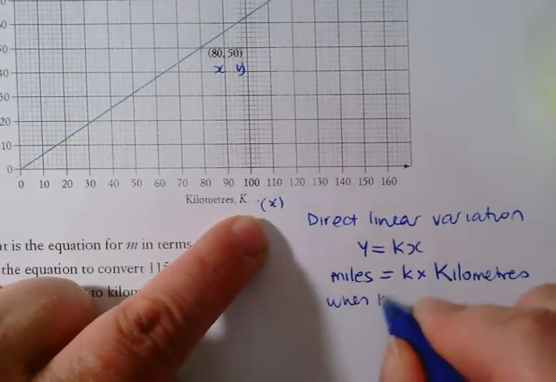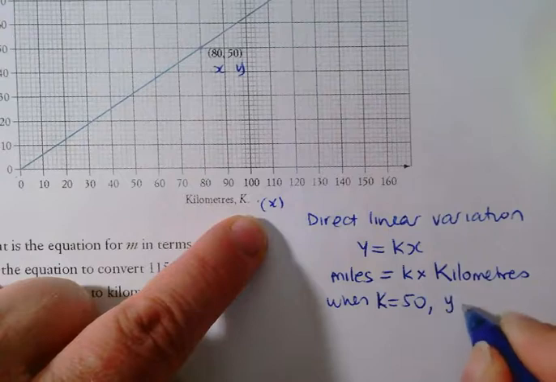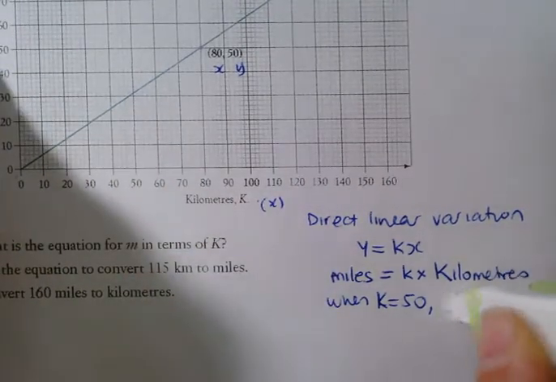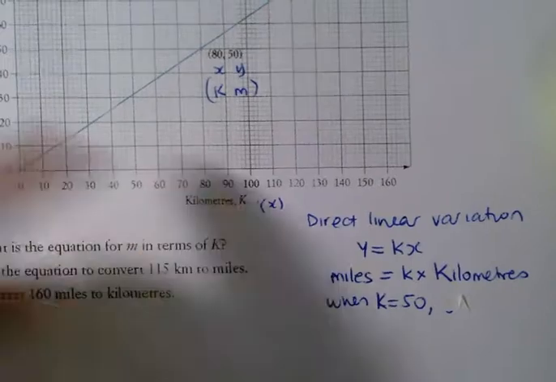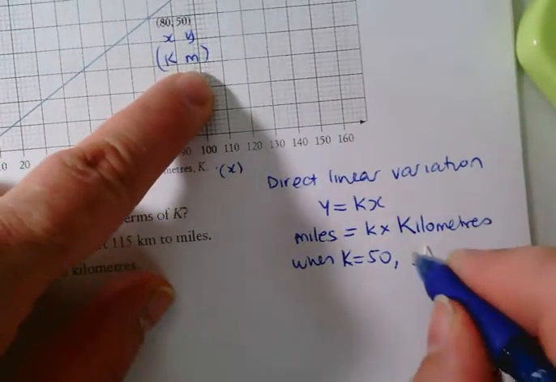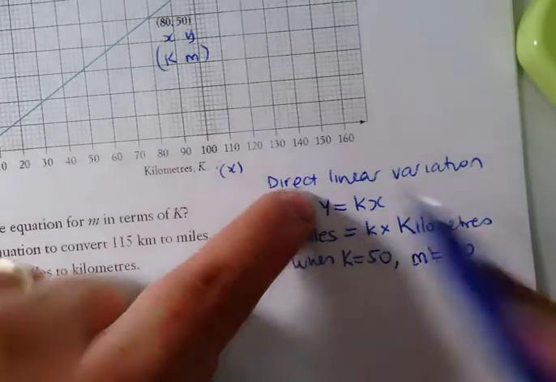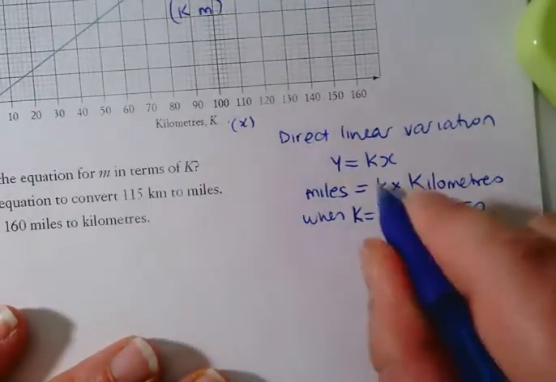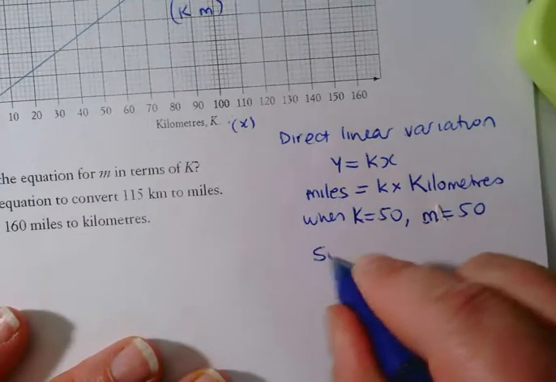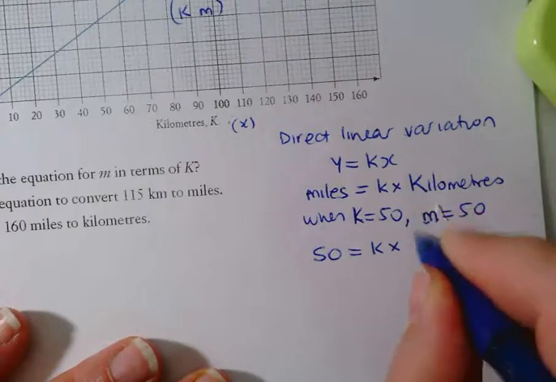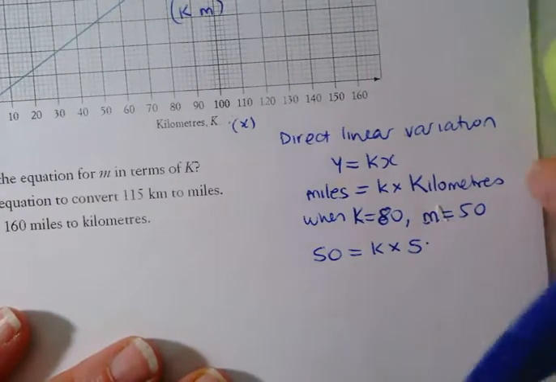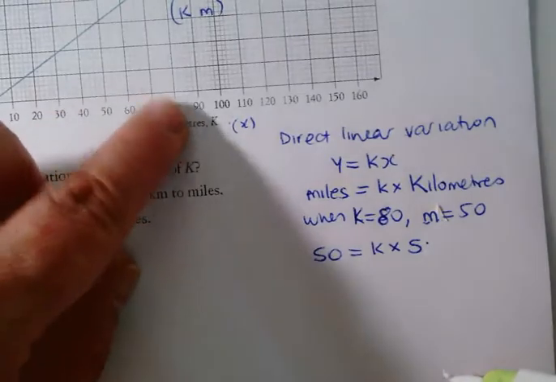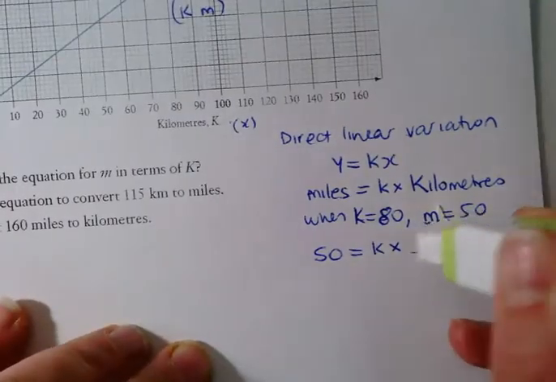So we substitute: m is 50 and capital K is 80. So we've got 50 equals k times 80.